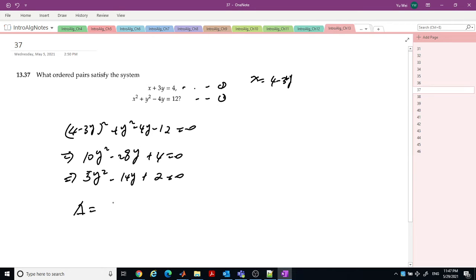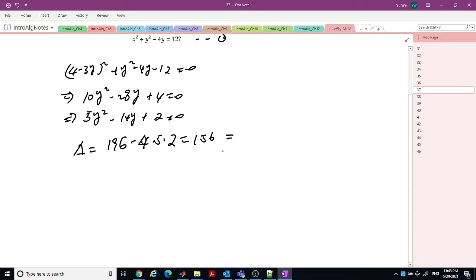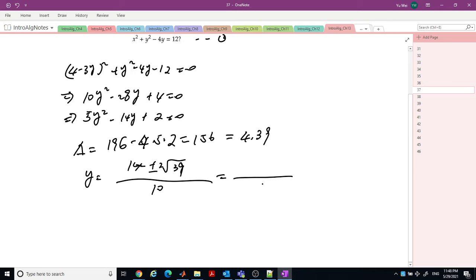So we can have the delta is 196 minus 4 times 5 times 2, which is 40, so it is 156. So this one is equal to what? It is equal to 4 times 39. Okay, so that's why the solution of y is equal to 14 over 10, plus minus 2 root 39, over 10, which is 7 plus minus root 39 over 5.